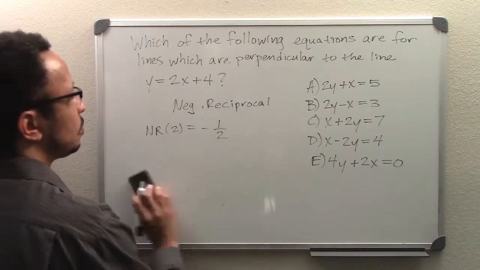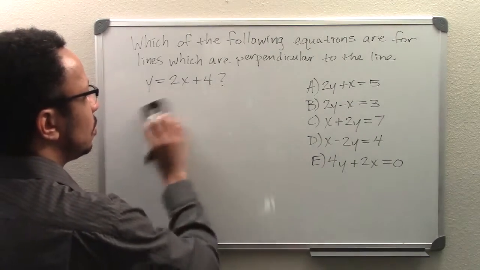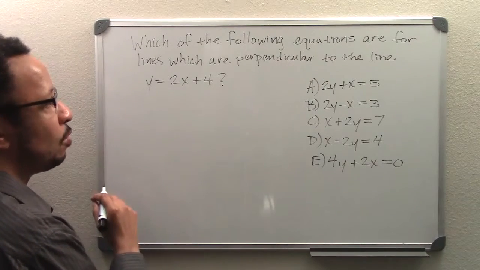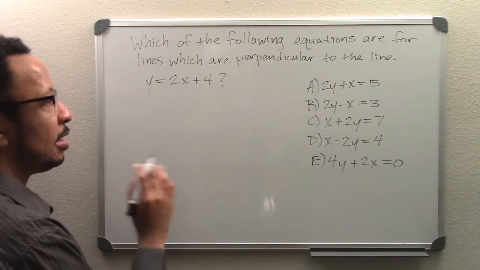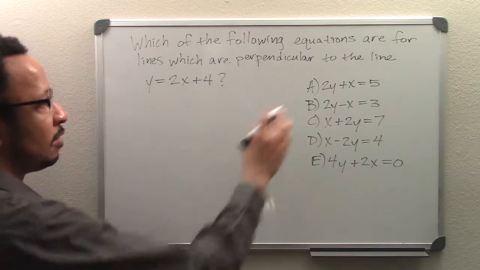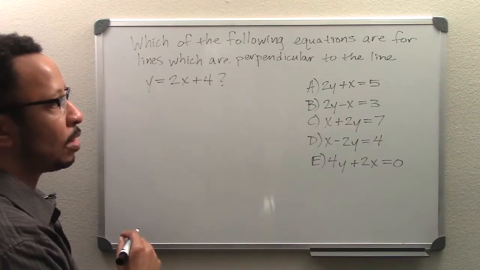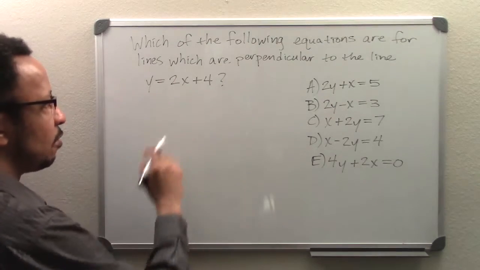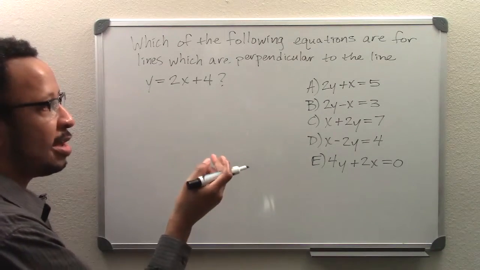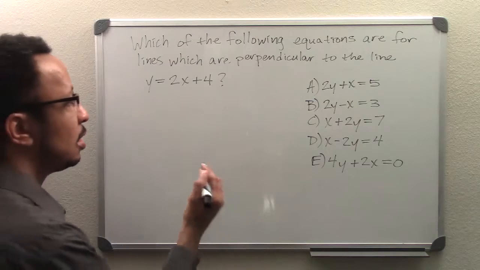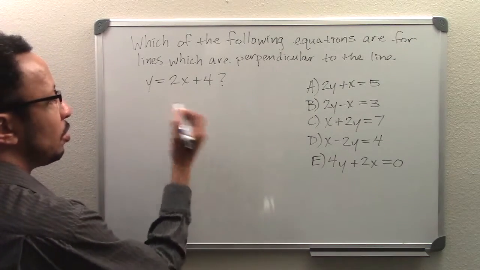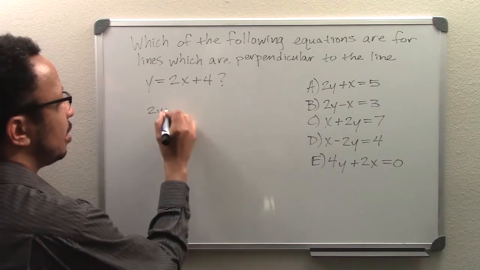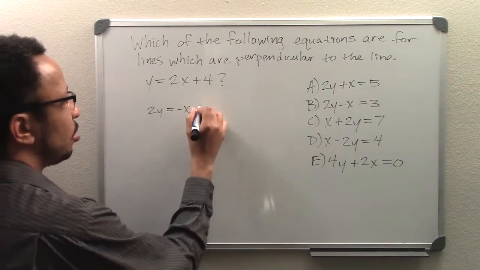So we're going to start with the first one. We have 2y plus x equals 5. We're going to state y in terms of x and look for the slope, because that's the form where you can recognize that sort of thing. We bring x over to the other side, and so now we have 2y equals negative x plus 5.